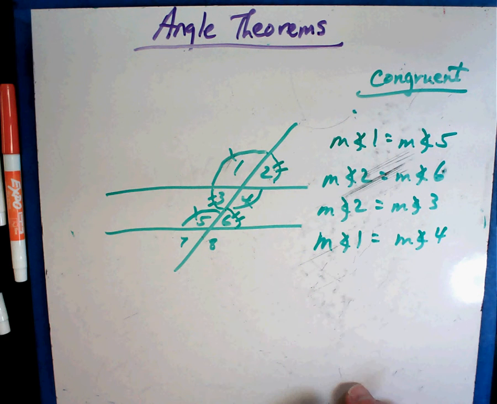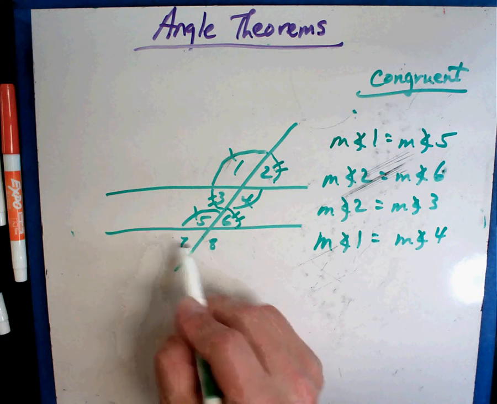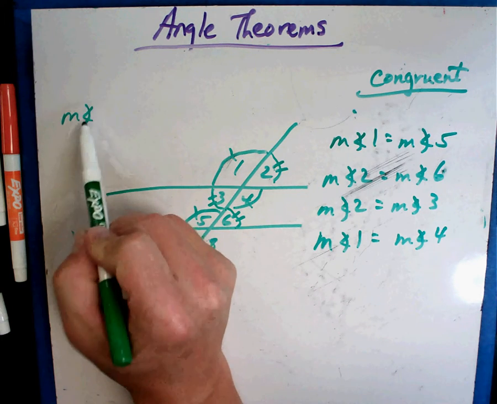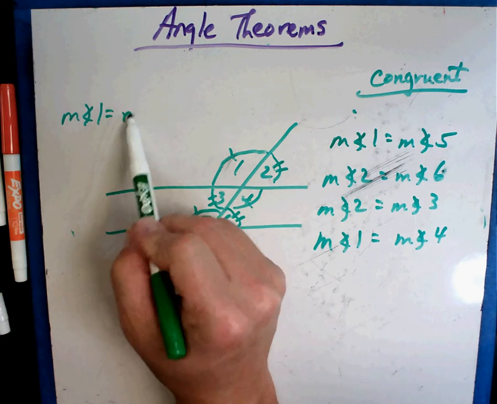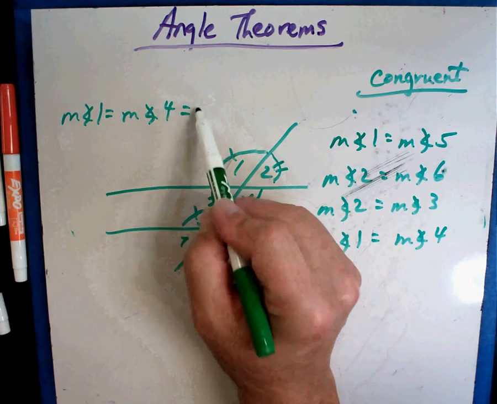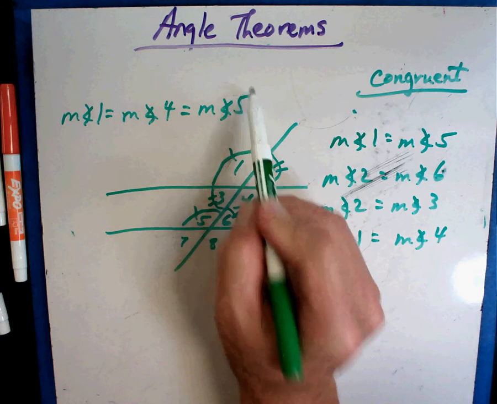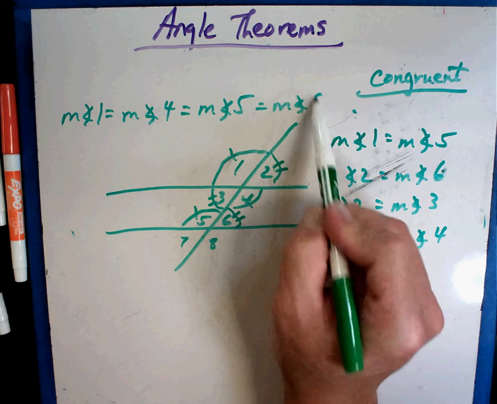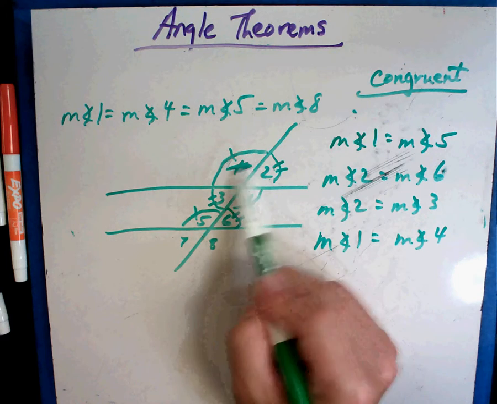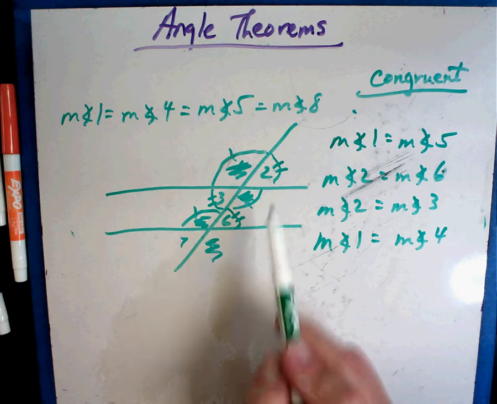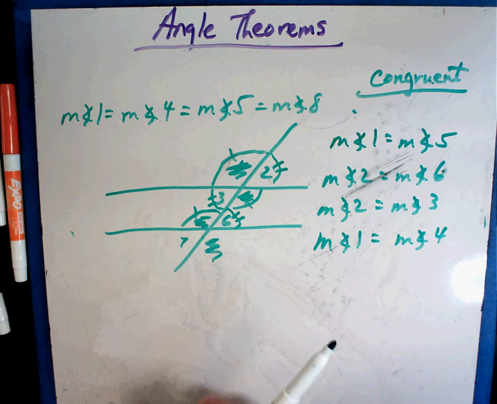Wow, there are so many angles that start looking alike. So in reality, I'm going to have altogether the measure of angle 1 equals the measure of angle 4 equals the measure of angle 5 equals the measure of angle 8. So 1 and 4 and 5 and 8 are alike. That means that 2 and 3 and 6 and 7 are all the same.